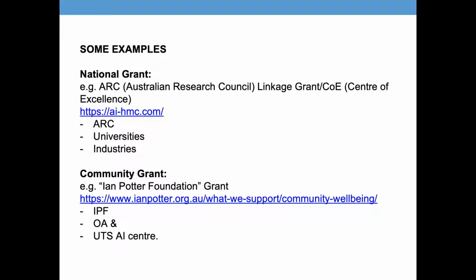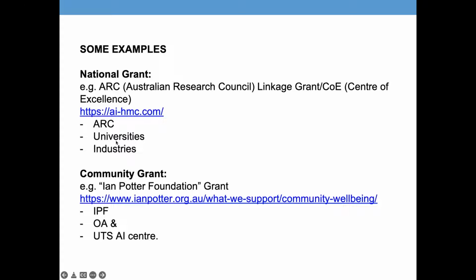But ARC does have a linkage program, where the enterprise or industry will provide at least 30%, and the national government will provide 70% to the university. So eventually the university and industry will work together to create the new technology.